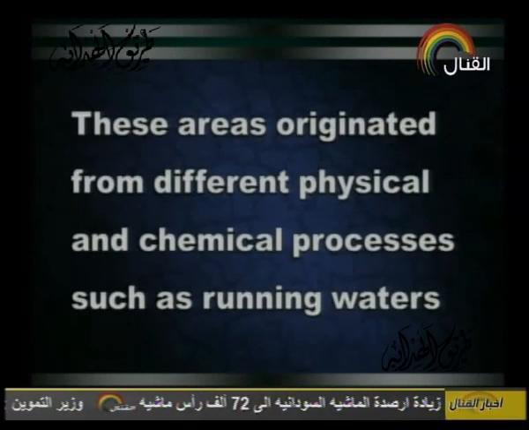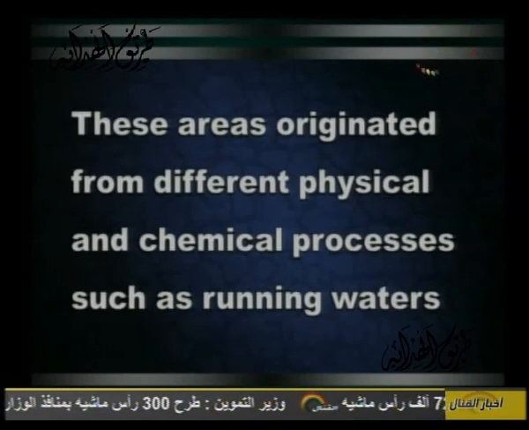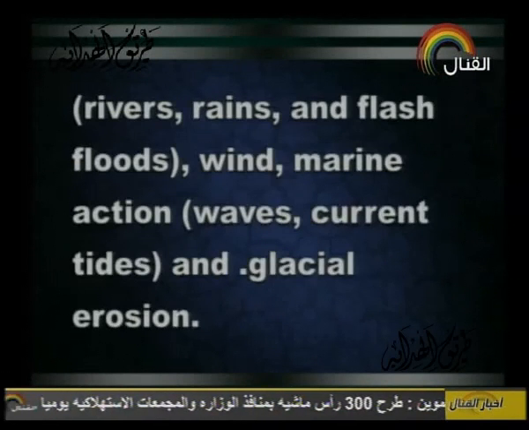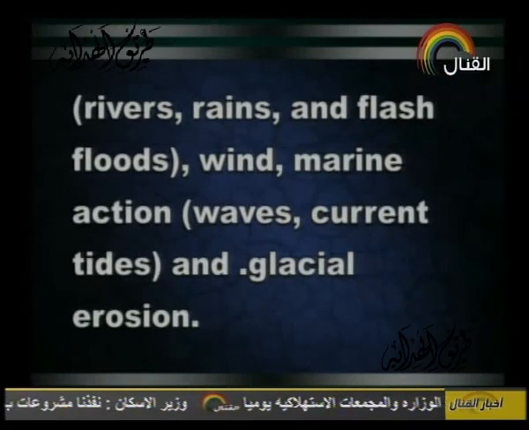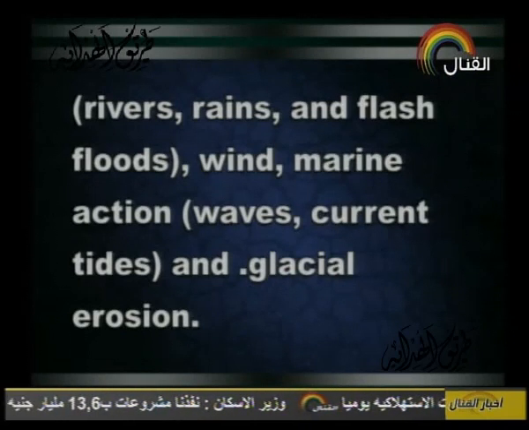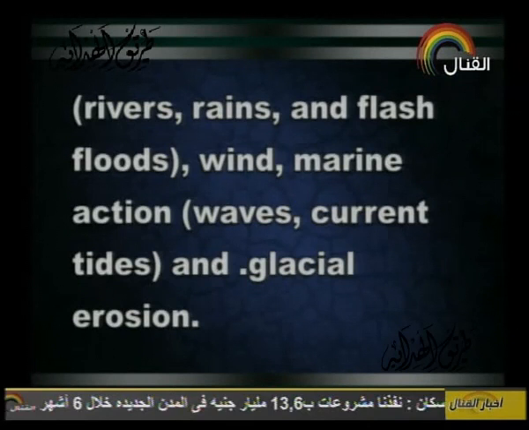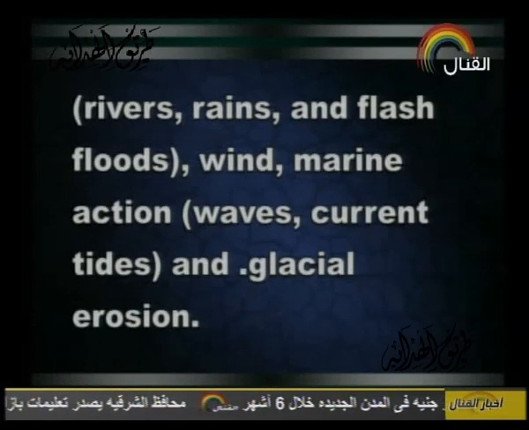These areas originate from different physical and chemical processes, such as running water, rivers, rains, and flash floods, wind, marine action as waves, currents, tides, and glacial erosion. All of these act on the earth and give different topography.